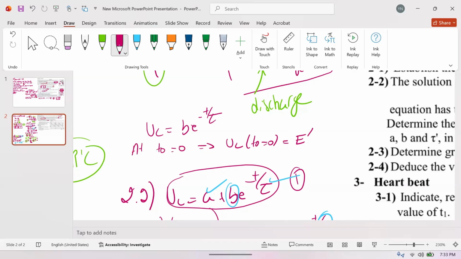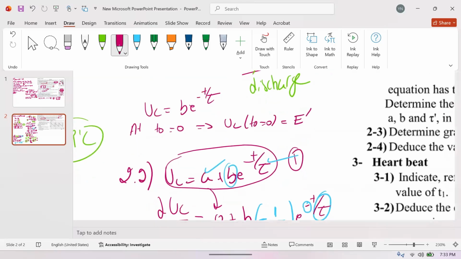Since it's equal to E prime, and UC is also equal to B e to the minus time over tau, but we just said that we're using the time zero. So instead of the time, I will be putting zero. And the exponential of zero is one. So simply, I will be getting B equal E prime.